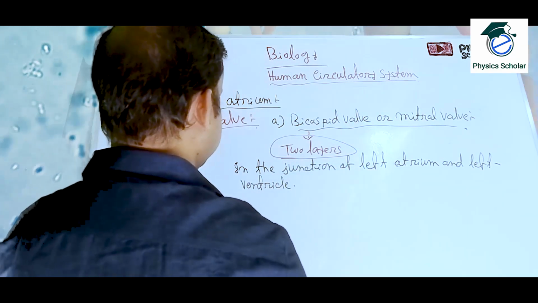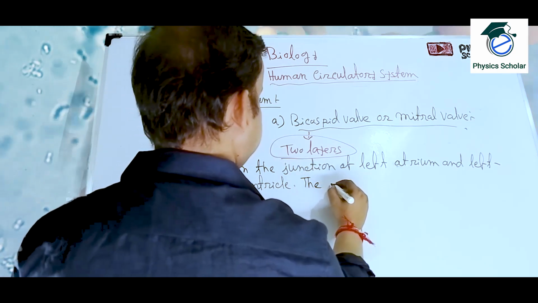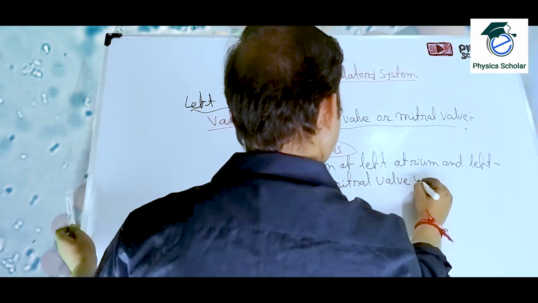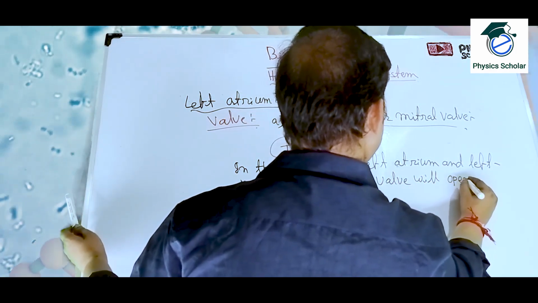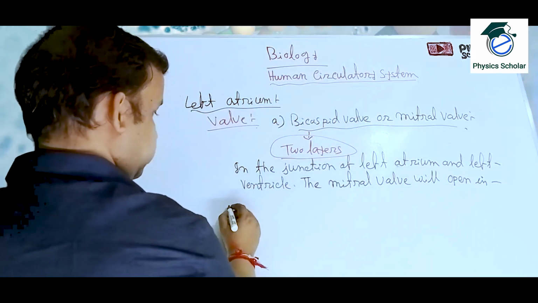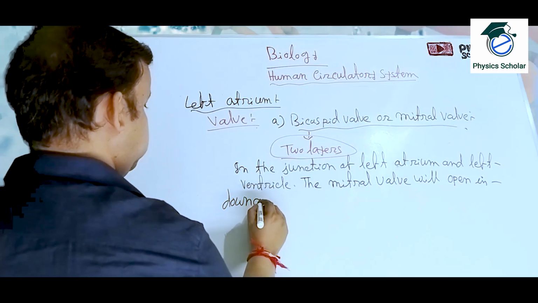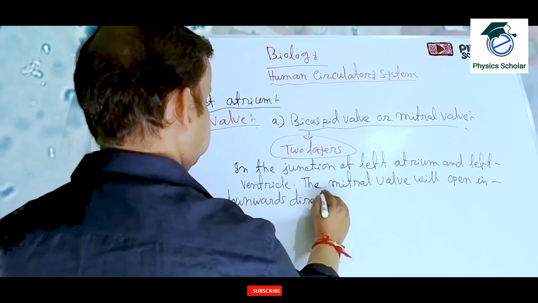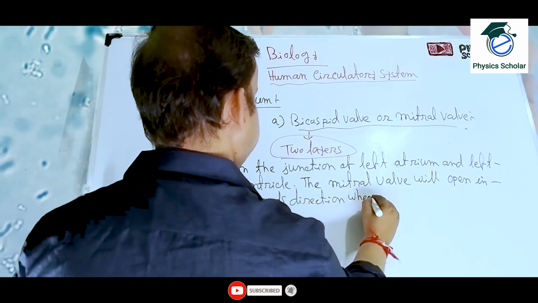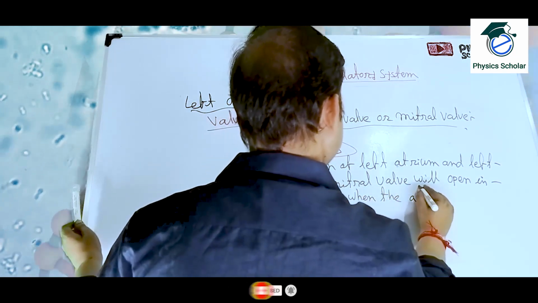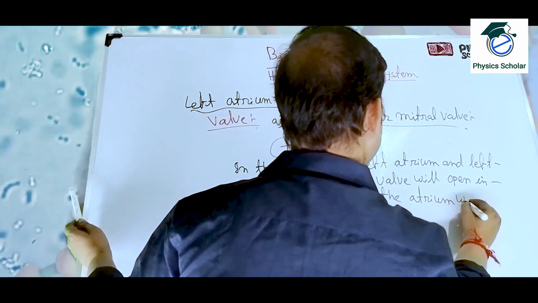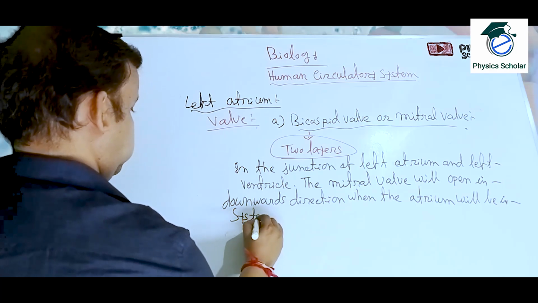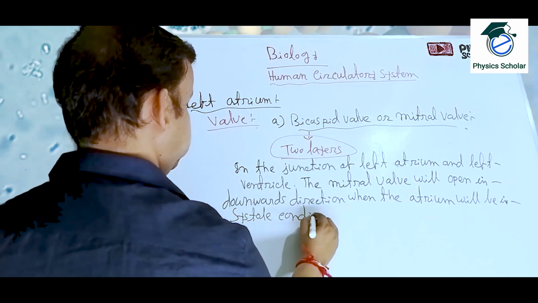So the mitral valve will open in the downward direction when the atrium is in systole condition.